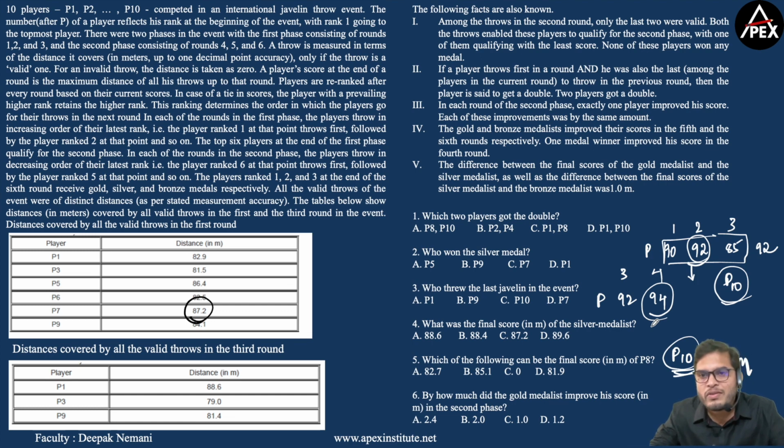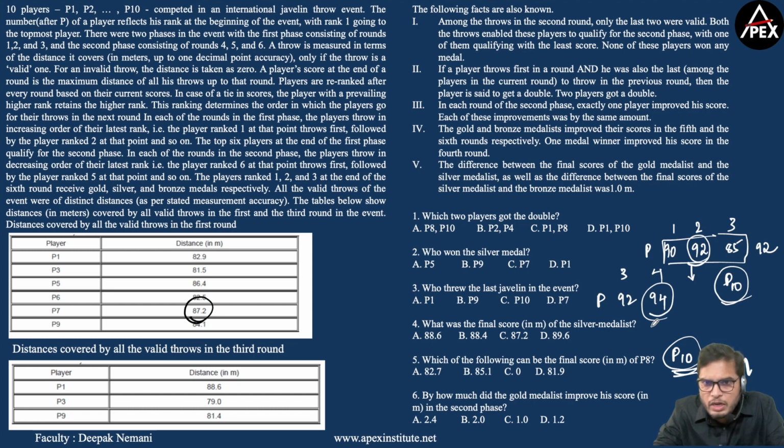This is known as improvement, and exactly 1 player improved his score in each round of the second phase. So in round 4 you have exactly 1 player improving his score, same for round 5 and for round 6. Each of these improvements was by the same amount. So if someone improves his score by 1 meter, the remaining players who improved their scores also had an increase of 1 meter.